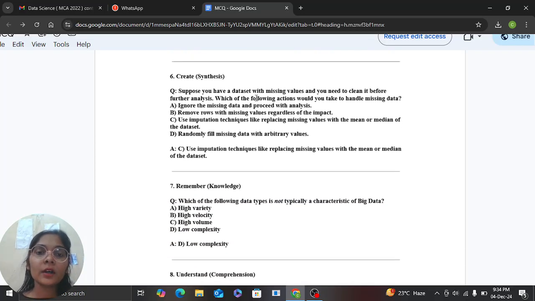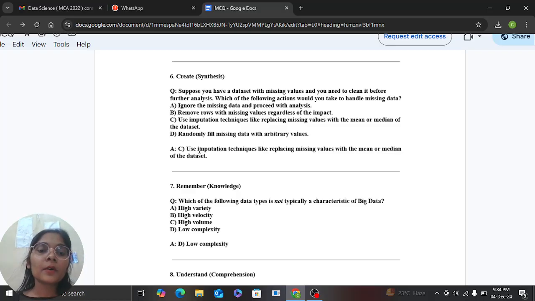Now the another question is, suppose you have a data set with missing values and you need to clean it before further analysis. Which of the following actions would you take to handle missing data? Here we have to tell which action we use to handle the missing data.